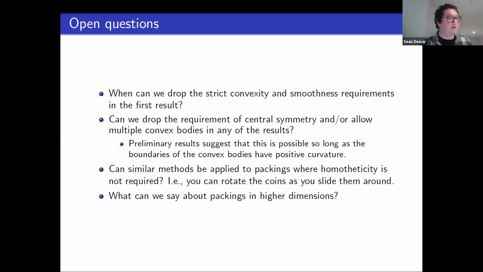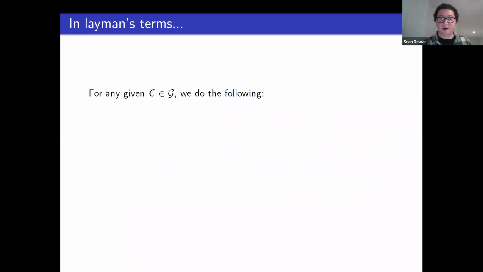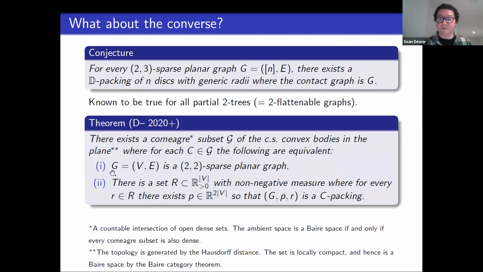It might be easier in some sense to get a similar result to this theorem in 3D because of this idea that if we have a bad shape, we can always perturb to something better. So there's possibly some hope on proving something like this.